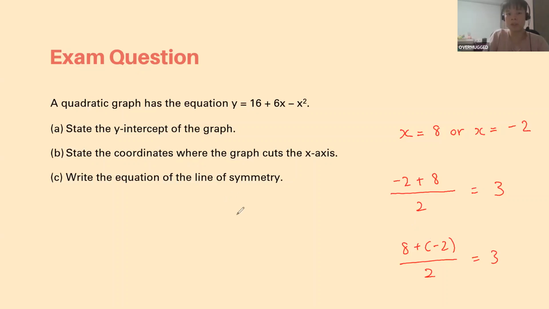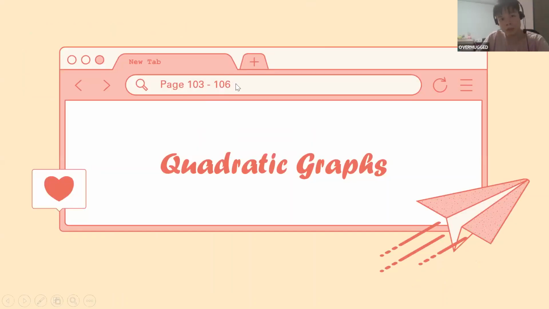So the equation for the line of symmetry. Where did the 2 come from? Which 2? I'm trying to find the average, the center of the two x coordinates.